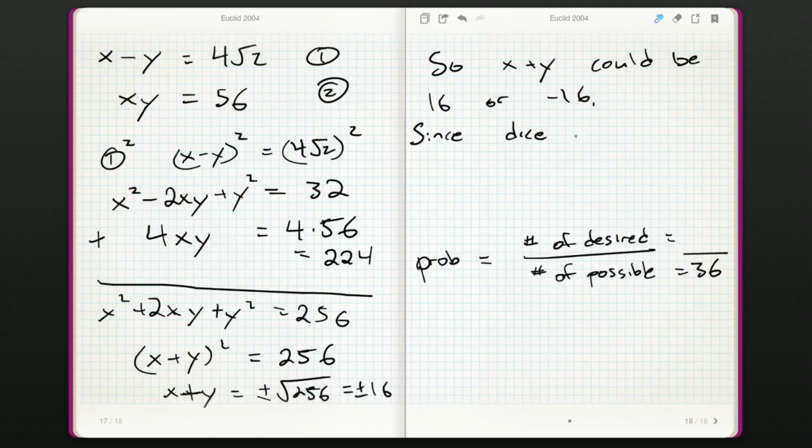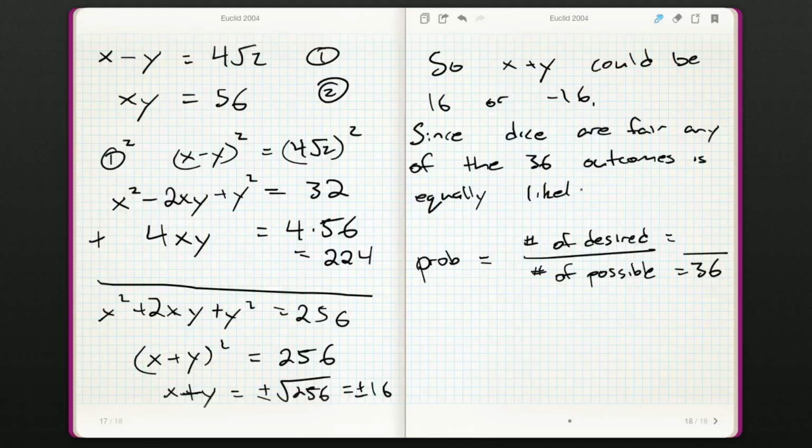So I might say something like, since the dice are fair, any of the 36 outcomes is equally likely. So the probability is the number of desired over the number of possible.